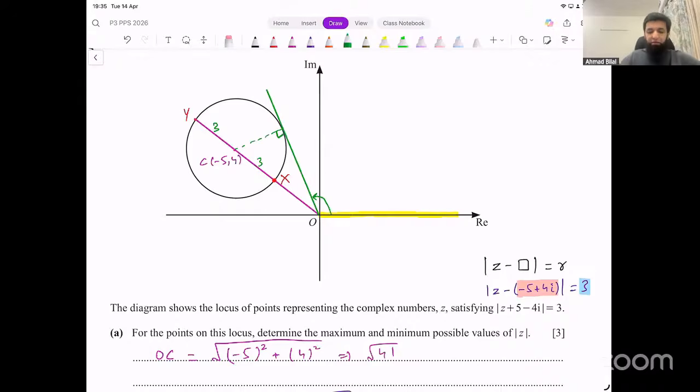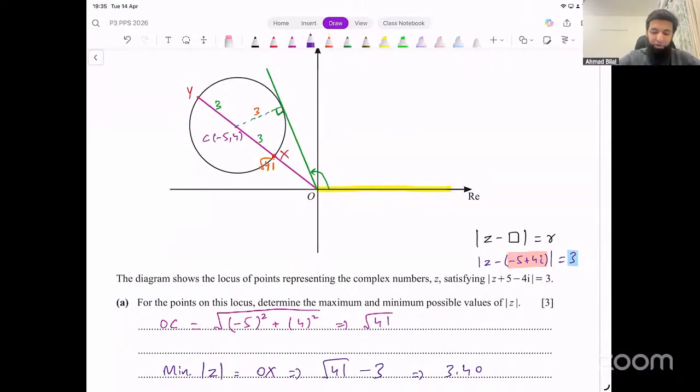Do we know any sides? Yeah. So we know this side is 3, right? And we also know this side. We have found that in the first part, square root of 41 from O to C. We know these two sides of this right angle triangle.